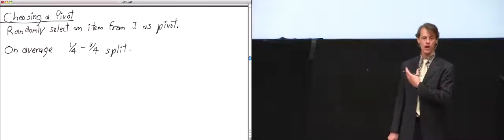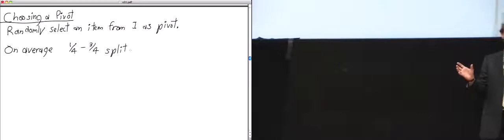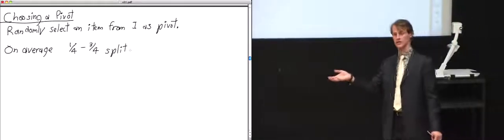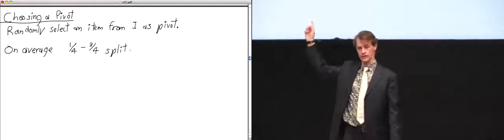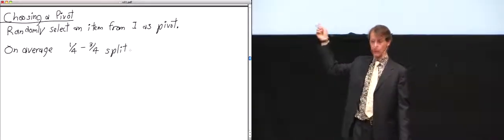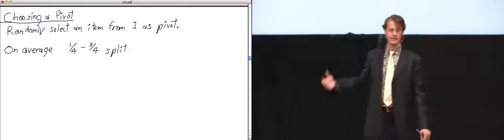You do not do quite that well. On average, we're going to get 1/4 of the items on one side of the partition, 3/4 of the items on the other side. Half the time we will actually do worse than that, meaning even more unbalanced. Half the time we'll do better than that, meaning more balanced.